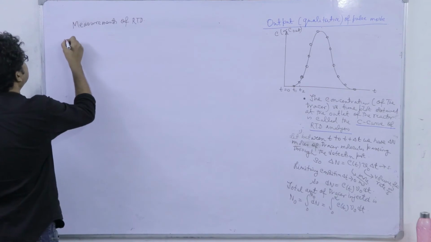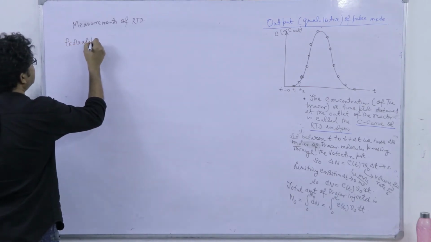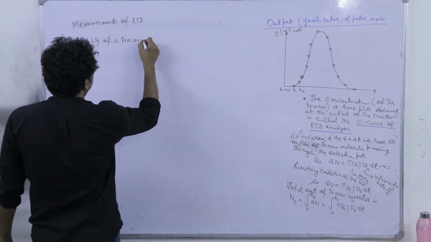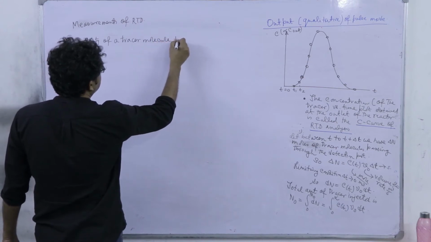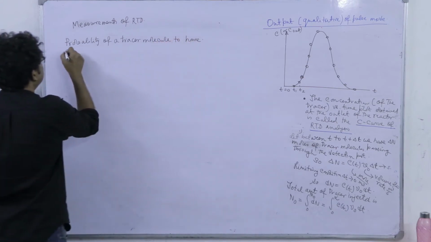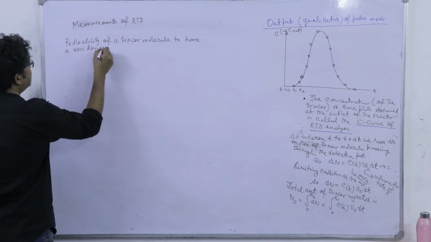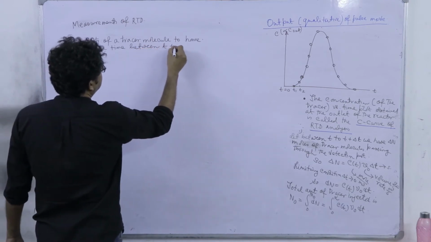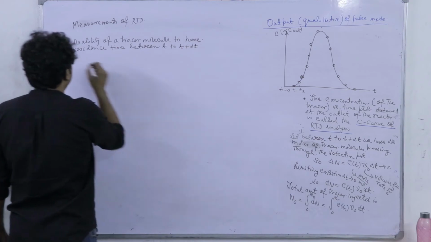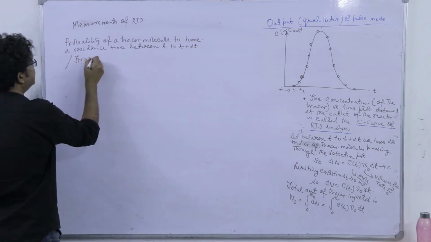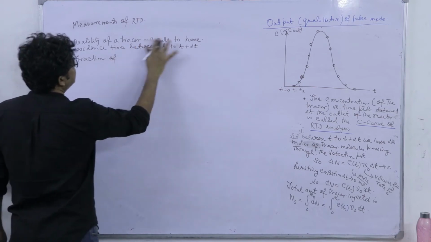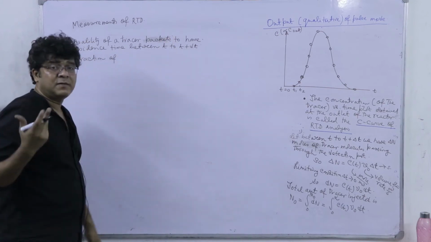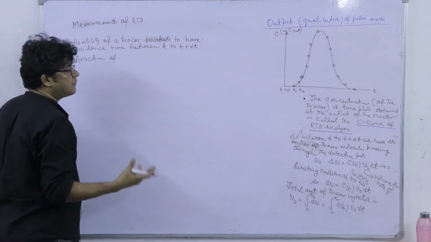So, the probability of a tracer molecule to have a residence time between t to t plus dt, or alternatively the fraction of tracer molecules or tracer packets rather, because when we write molecule it may violate the basic condition of continuum.